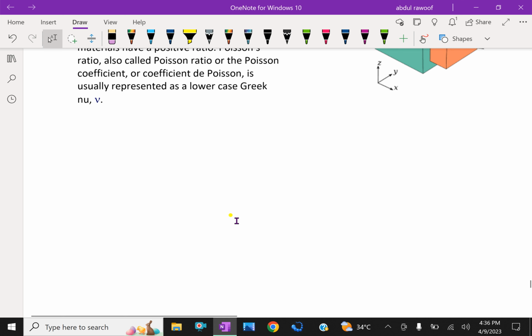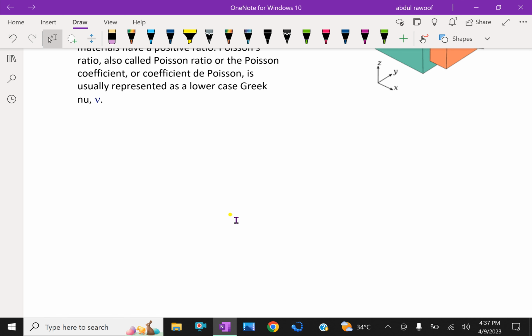Suppose a compressive force is applied, so the length is reduced and cross section increased. The ratio of change in dimension to original dimension in the direction of the applied force is called the linear strain, while the ratio of the change in dimension to original dimension in a direction perpendicular to the applied force is called the lateral strain.